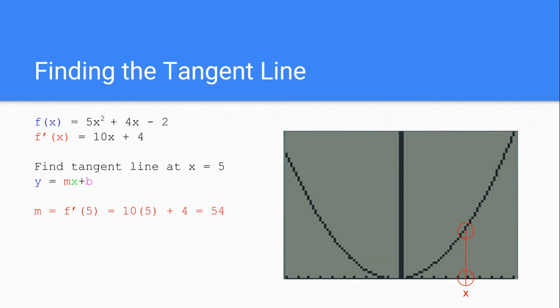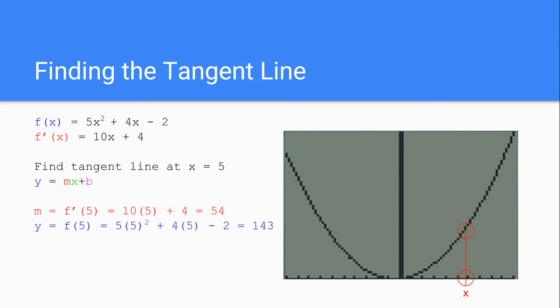So it's f prime of 5, because we're looking for the tangent line at x equals 5. So we plug 5 into the derivative: you just take 10x plus 4 and plug in 5. So 10 times 5 plus 4 gives us 54. So that 54 is the slope of the line.